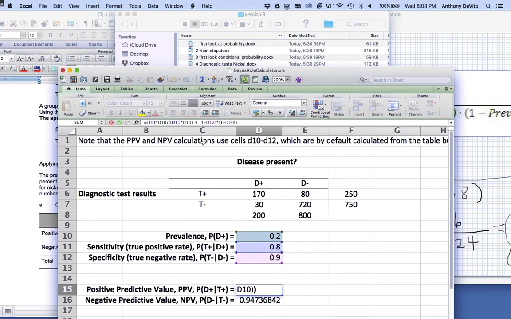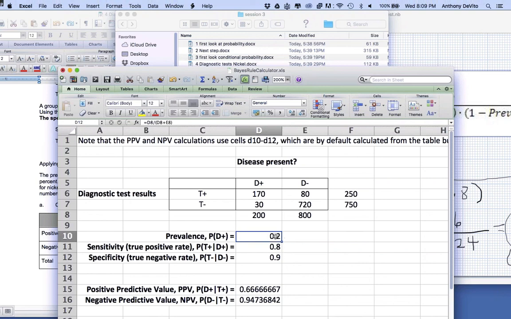So this formula does exactly what the Bayes formula that we derived and employed before does, except in this case I can actually manipulate it. Remember, we also did the negative predictive value and we got this number as well. But in this case, I can just work from the prevalence, the sensitivity, and the specificity, and it'll determine the positive predictive value.